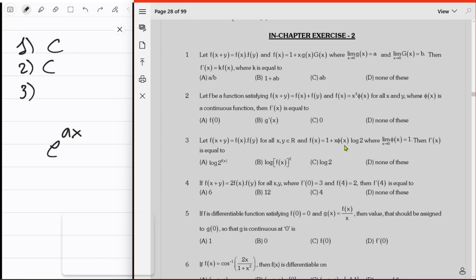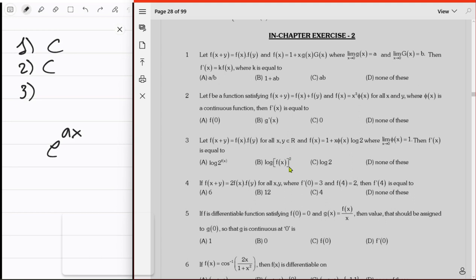Wait, wait a second. This thing already has f of 0 equal to 1, right? This already says that. So that thing would not be there in any case. Because a squared doesn't make sense, right? A must be 1.